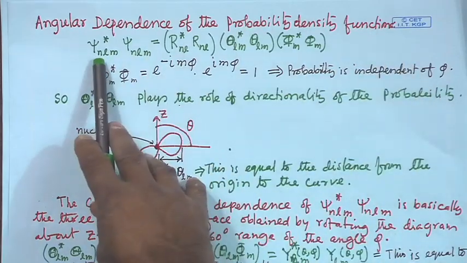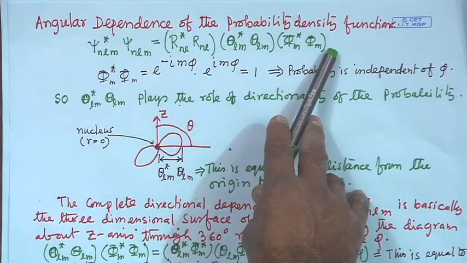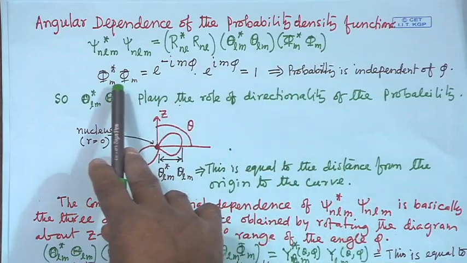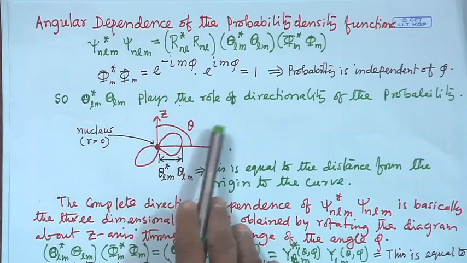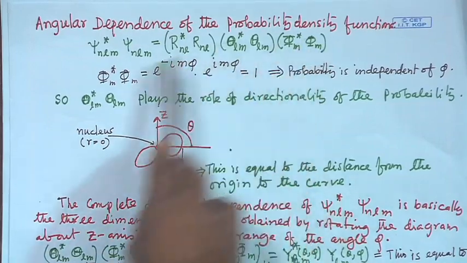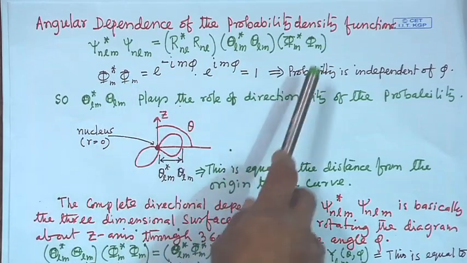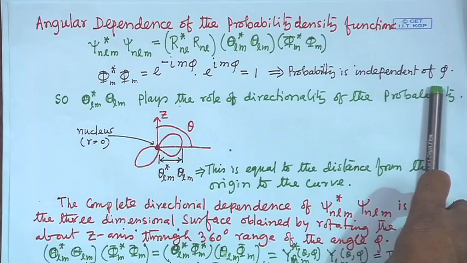The probability density is defined as we have seen. Here, for phi we have seen e to the power i m phi, so phi star phi is basically 1. So this probability will be independent of phi.